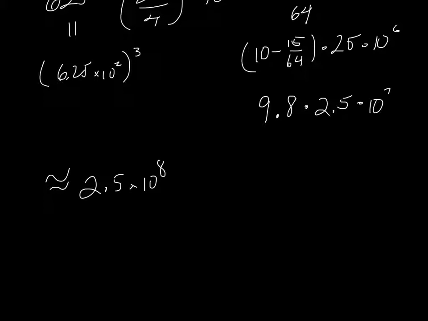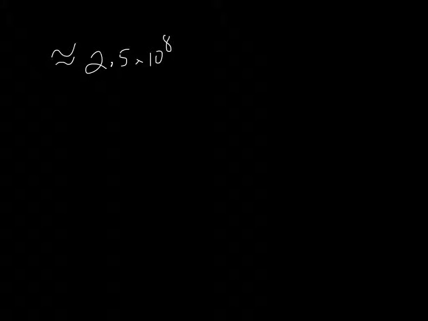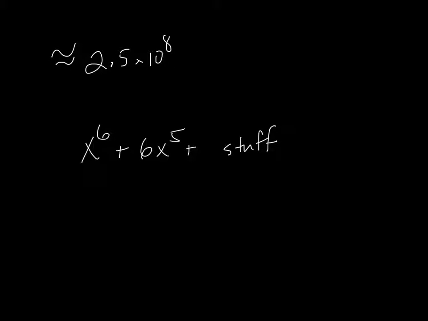Now the issue is x to the 6th plus 6x to the 5th plus stuff. We have to figure out how big this is when we add it to 2.5 times 10 to the 8th.